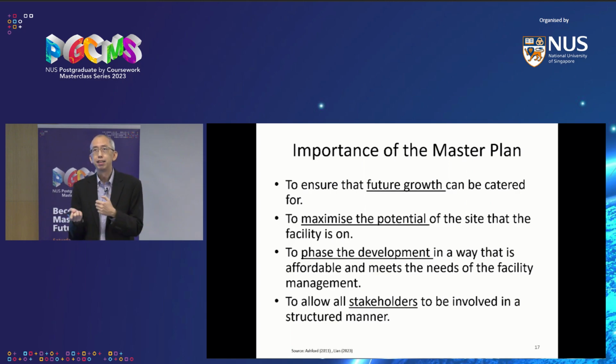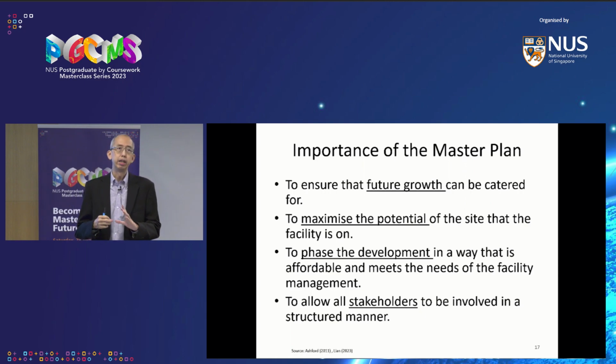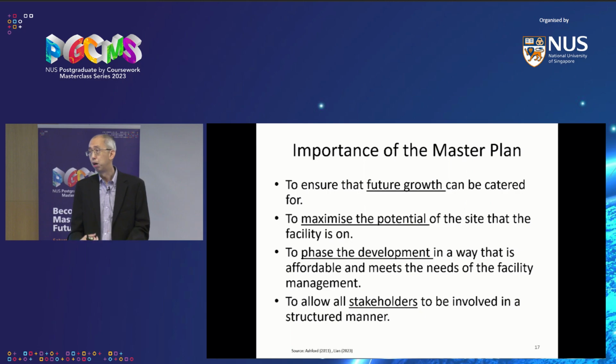You can't just build another airport easily because of all the things which I mentioned earlier, like the flight paths coming in, wind direction, trying to find a big piece of land, and then you also have environmental concerns as well. And then the master plan process, particularly in the Western countries, it allows all the stakeholders to come together in a structured manner so that if they have any concerns or they want to give feedback, they can be involved in the process.